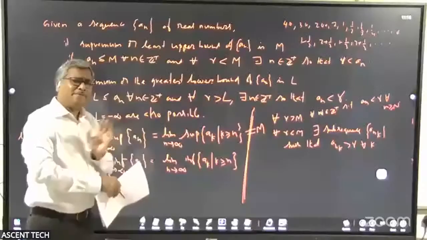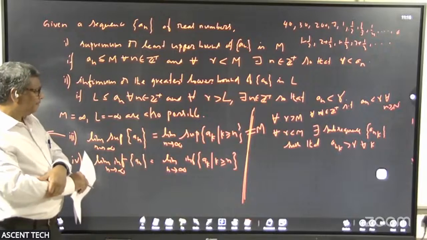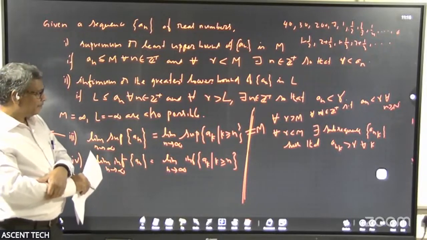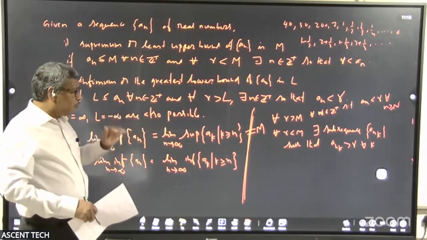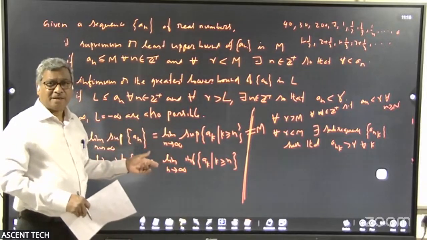Yeah, supremum is the global supremum, a global max, basically, right? In this case, yeah. Whereas the limit supremum is like, I don't want a few things in the beginning to disturb that.